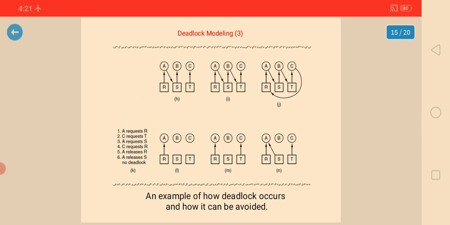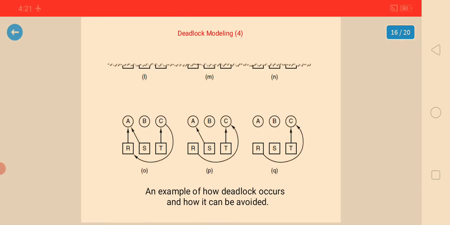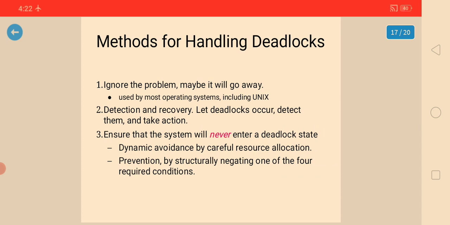These are the examples of deadlock modeling. Here is one more example of how deadlocks can be avoided. Here R and S are holding A, but C is holding R, and T is holding C. So this is an example of deadlock.